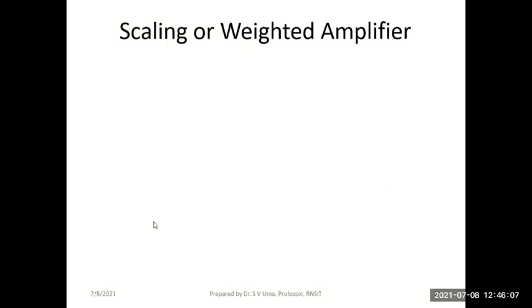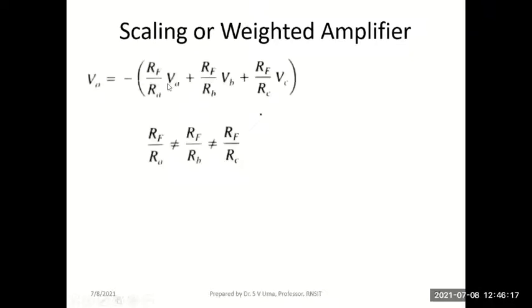Okay, next let's see how we can make it like a scaling or weighted amplifier. Here you need not do anything because we already discussed it. In its original form, it is a simple scaling or weighted amplifier.